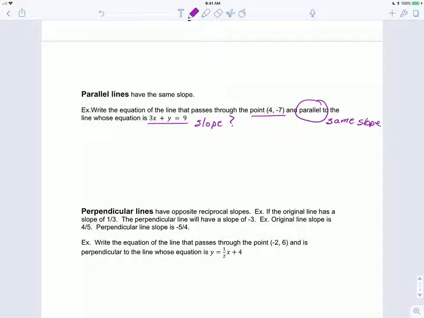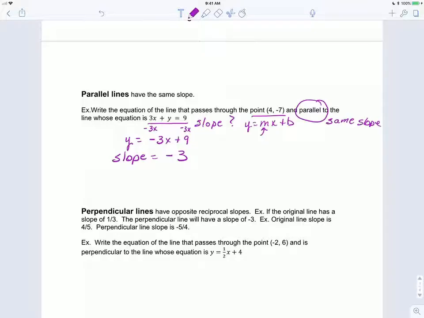We don't know what the slope is unless it's in that y equals mx plus b format, so then we know what m is. That's in standard form. So we've got to move that 3 over and make it in slope-intercept form to solve for that slope. So y is equal to -3x plus 9. Well, that tells me my slope is -3.